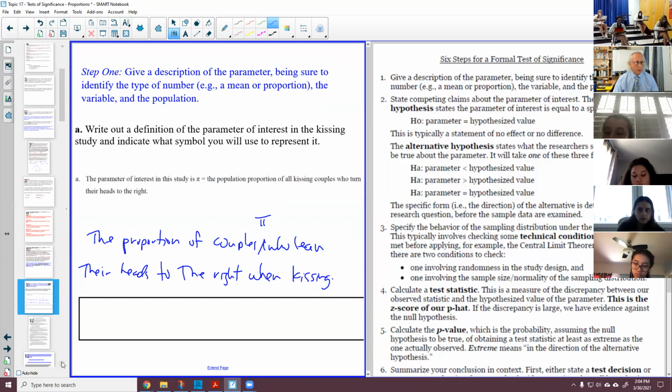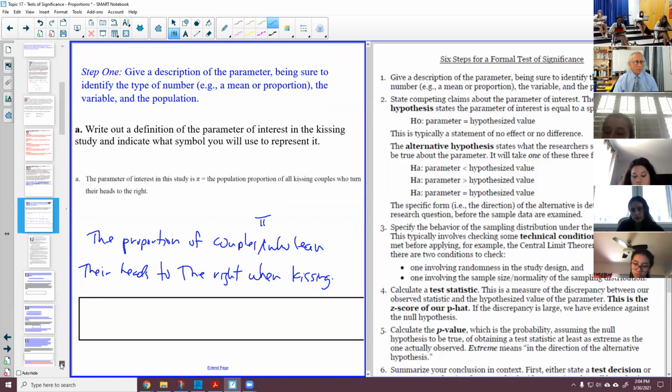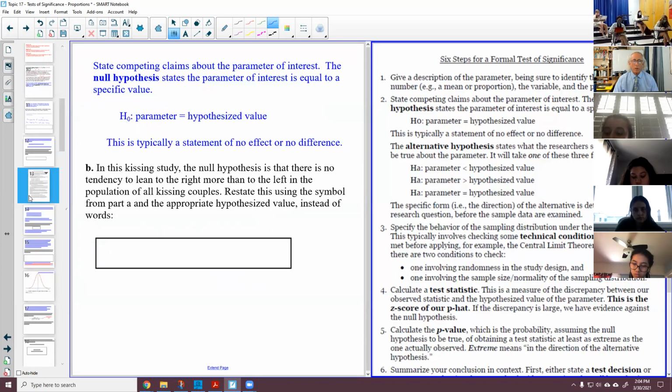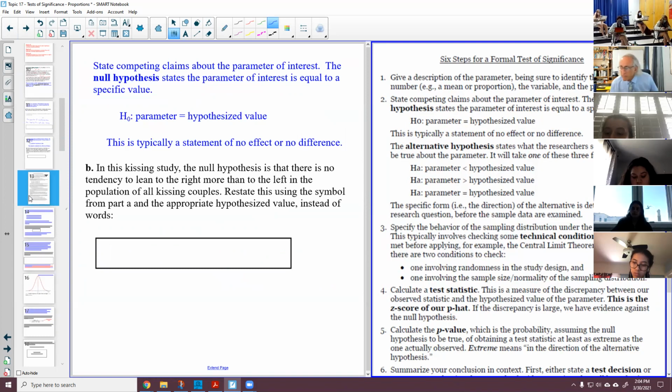All right, let's take a look at step 2. I am going to state competing claims about the parameter of interest. So the first claim is called the null hypothesis. And that states that the parameter of interest is equal to a specific value. Now, frequently, it's a statement of no effect or no difference.